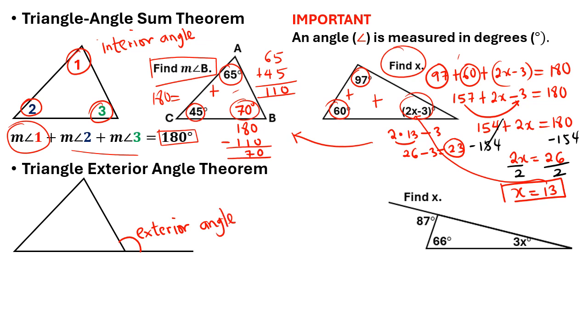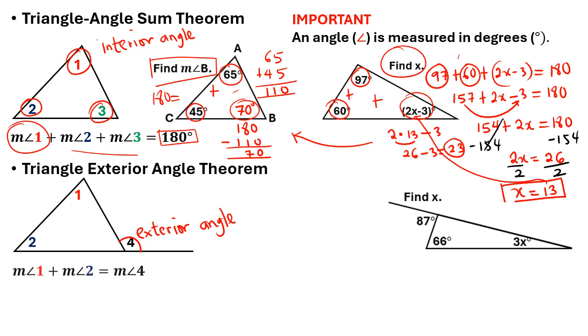Okay, so again, let's go ahead and name the angles of the triangle. Angle 1, angle 2, and this time we're going to skip angle 3 and have the exterior angle as angle 4.